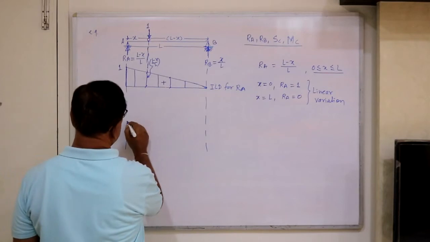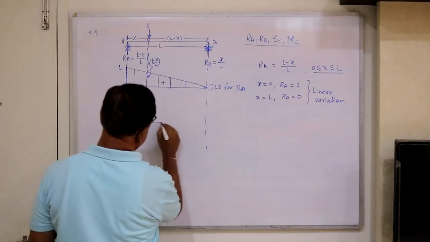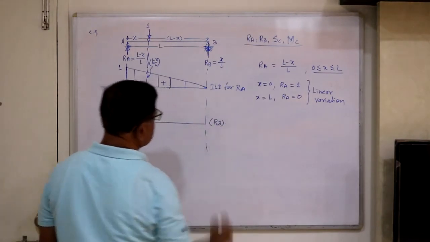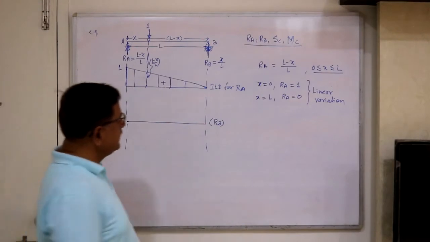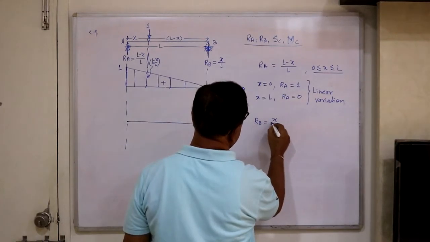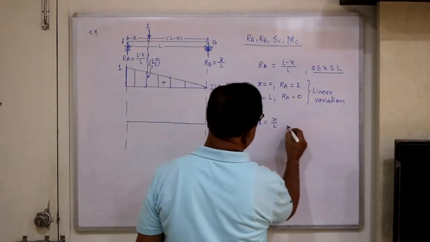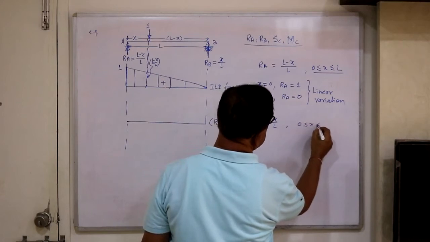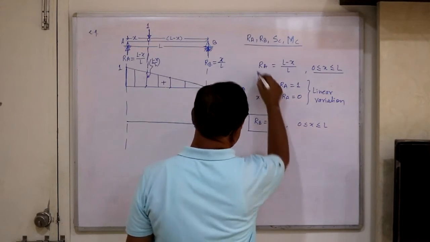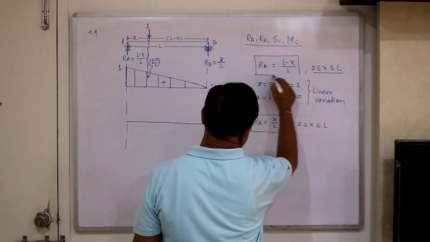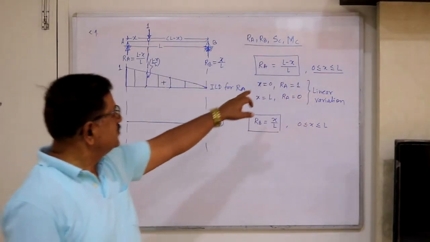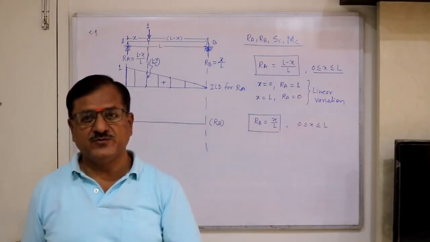Now next, let us suppose you want to construct the ILD for RB. I will write down here ILD for RB. What is RB? RB is equal to x by L, with applicability 0 less than or equal to x less than or equal to L. This shows the relation between a structural quantity RB and the position x of the moving unit load.